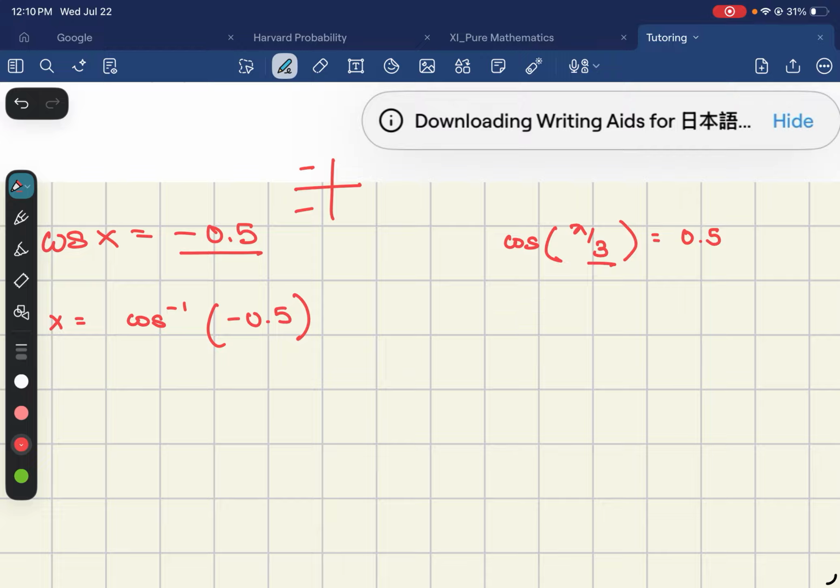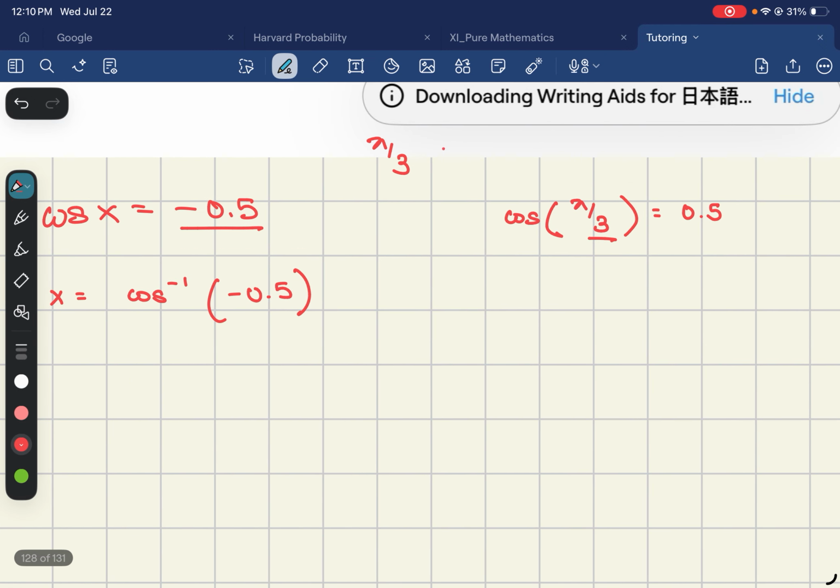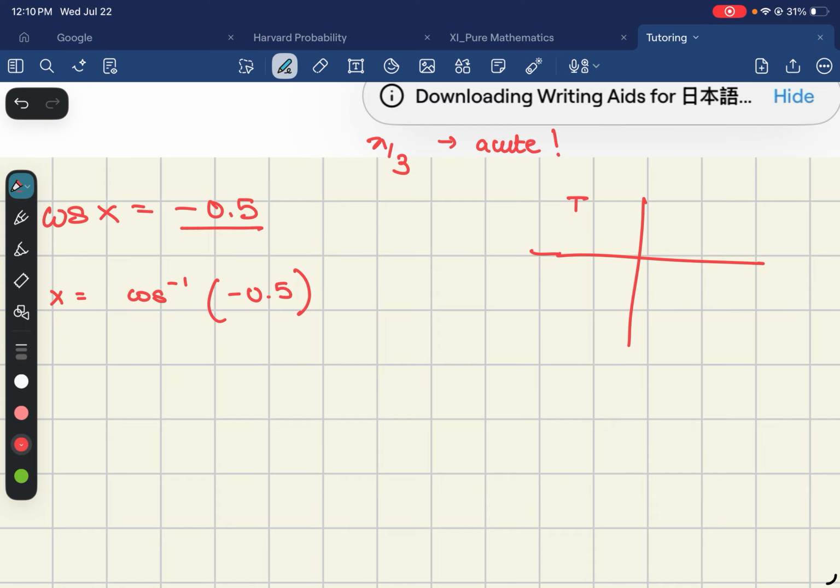So if I know my acute angle that gives me 0.5, pi by 3, it's because pi by 3 is 60 degrees, and 60 degrees is acute. Then I just need to take this acute angle to my second quadrant and my third quadrant, where cosine is negative. How do I get to my second quadrant using this acute angle? Well, 180 minus an acute angle is going to be in the second quadrant, and 180 plus an acute angle is going to be in the third quadrant.